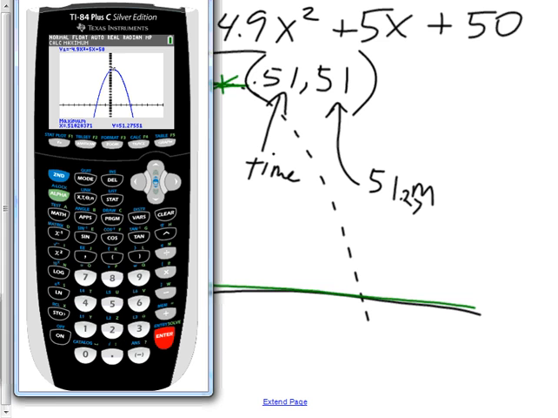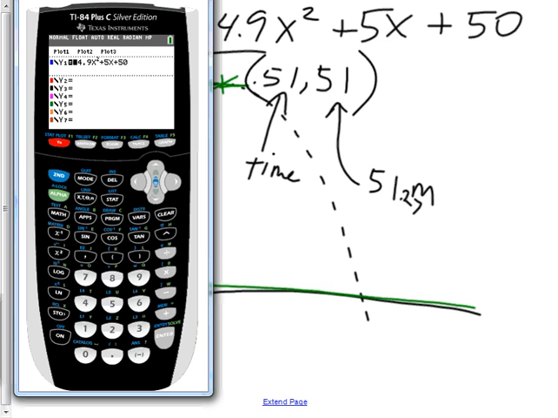So watch. Go to the y equals. Type in there a line that's going to go straight across at 50.5. What that does is if I hit graph, it'll put in a second line here. And the question is when it goes over that line. So then we need to find that spot where they touch.